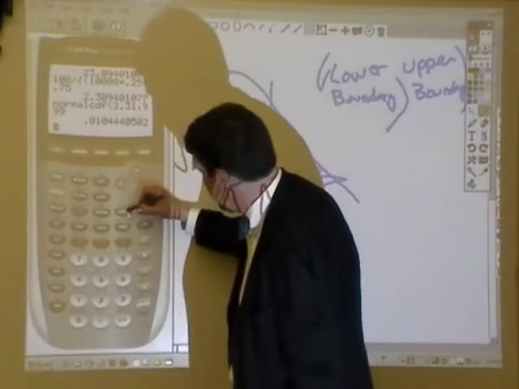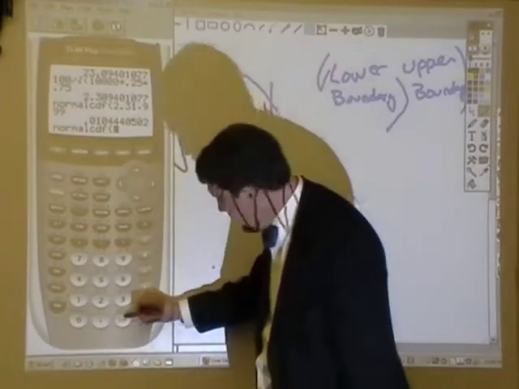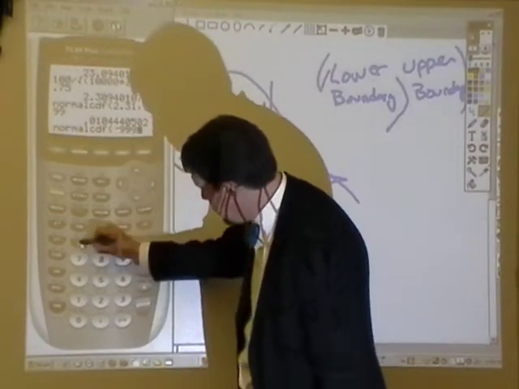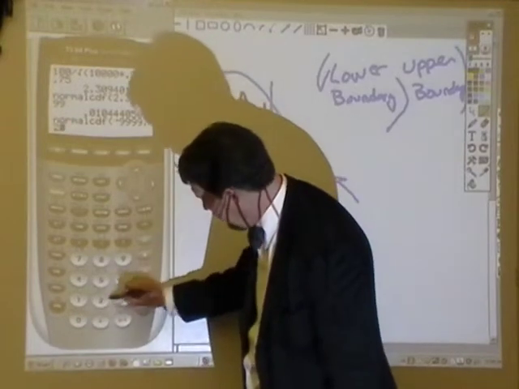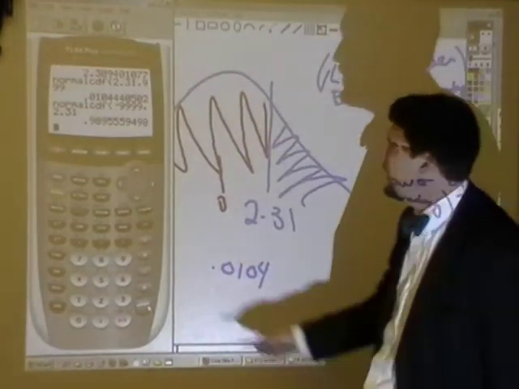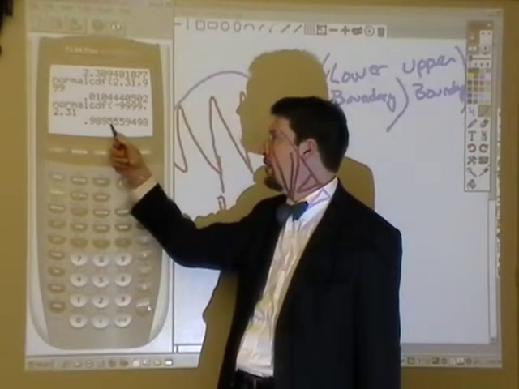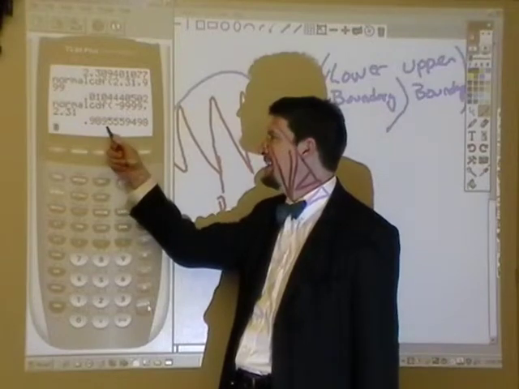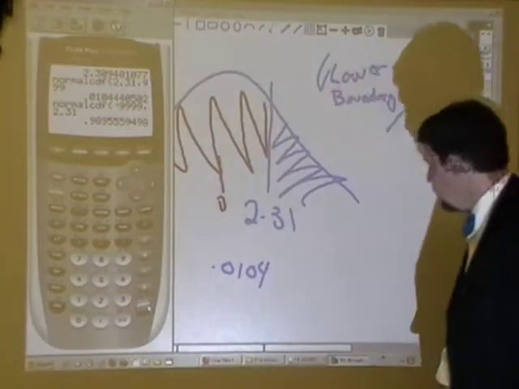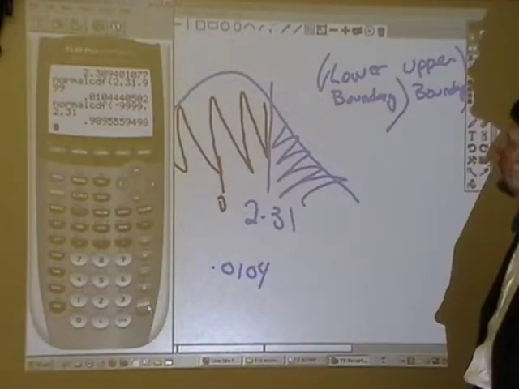So, second, distribution, normal CDF, from lower boundary negative 999, comma, up to 2.31, our upper boundary, and we get 0.98955, which is 0.9896 to 4 decimal places, which happens to be the complement of this exactly. So that's exactly what we expected to get.